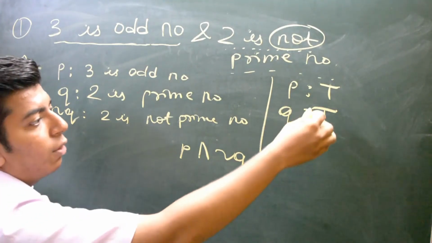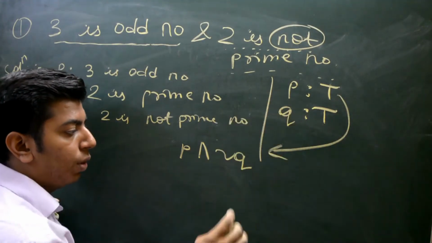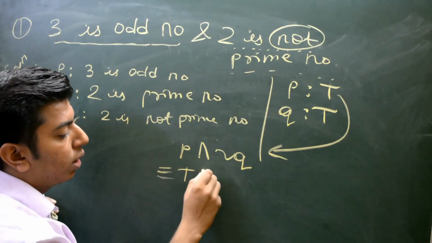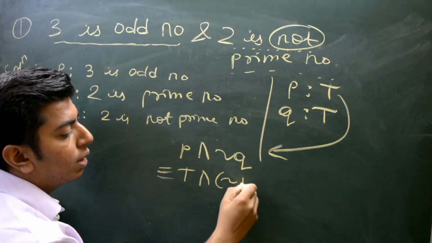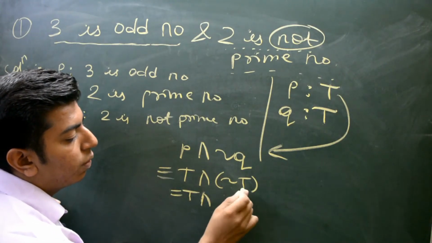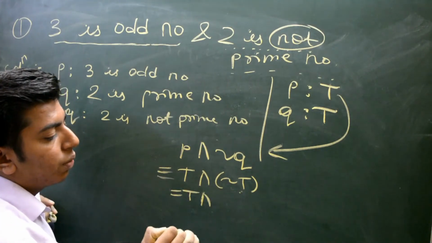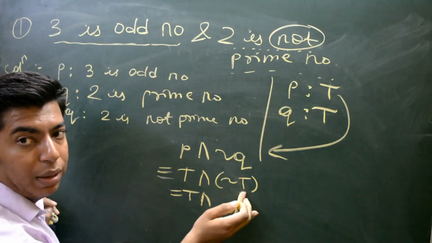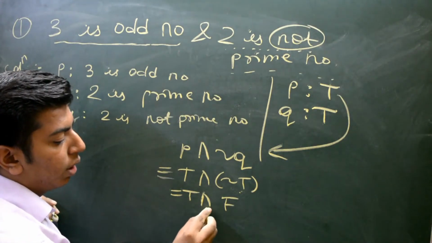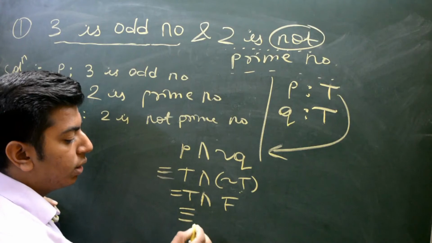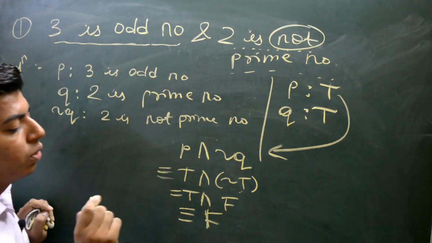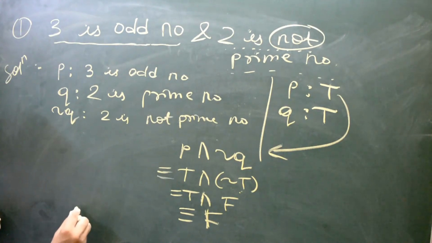Then we have to insert these values over here: T conjunction with negation T. What will be the truth value for this? Negation of T will be false. So T conjunction with false is equivalent to false.